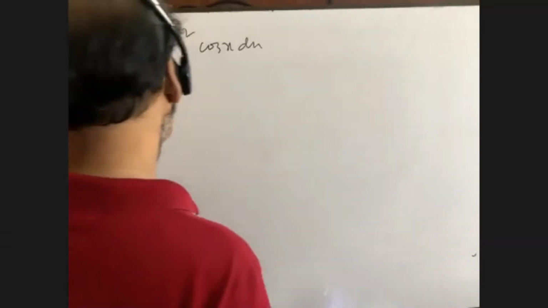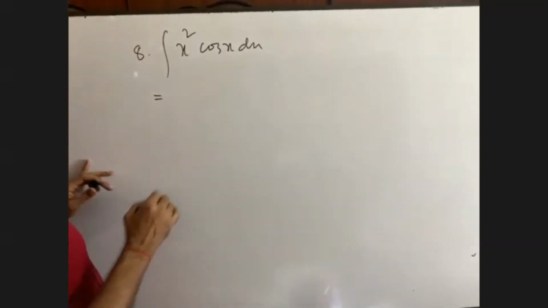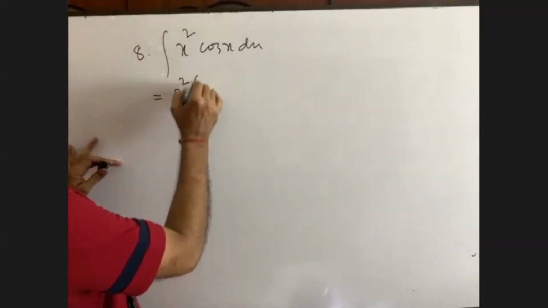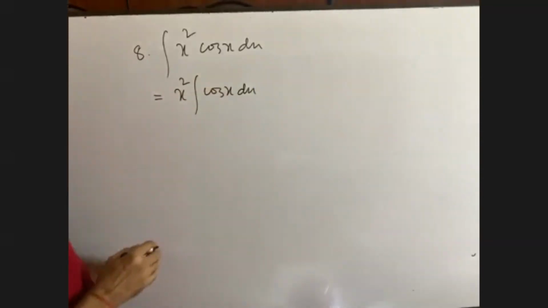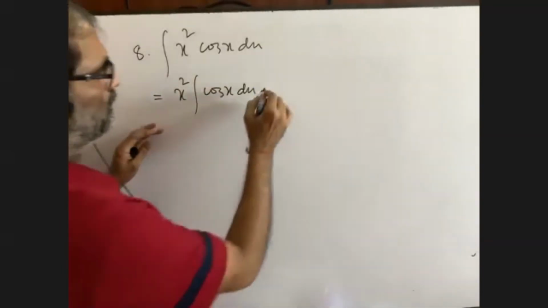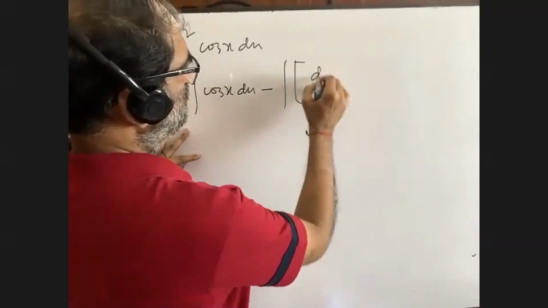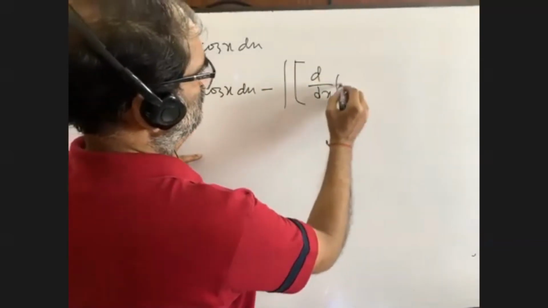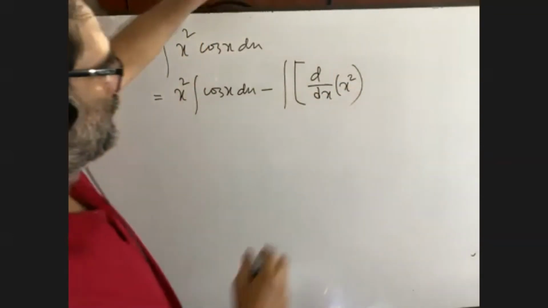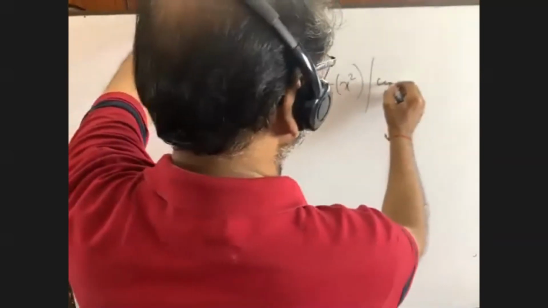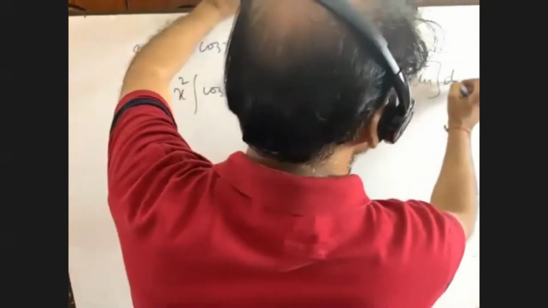So what will be done here? It is x square cosine x dx minus integration, third bracket, d by dx x square, then integration cosine x dx, third bracket closed, then dx.